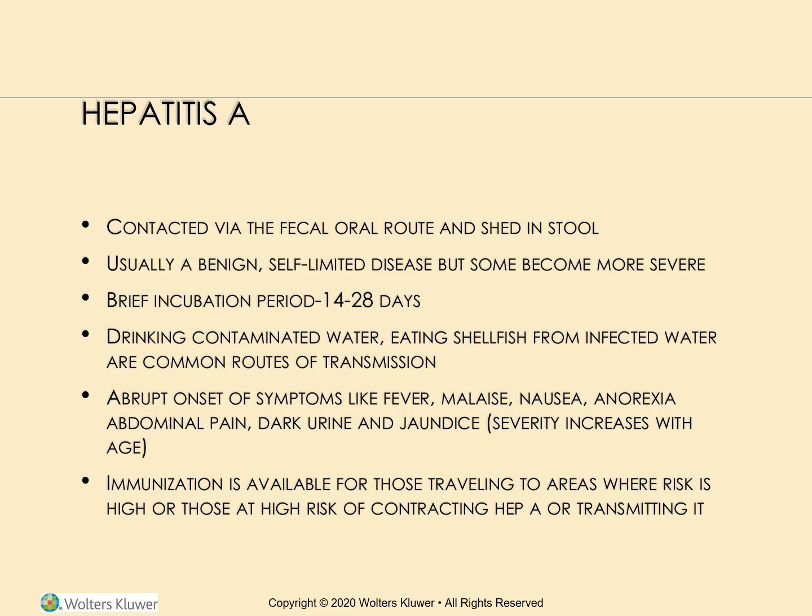We often look for Hep A when patients have traveled to other countries that may not have good sanitation measures to keep things like Hep A out of the water and food supplies. We often see an abrupt onset of symptoms such as fever, malaise, nausea, anorexia, abdominal pain, dark urine, and jaundice.